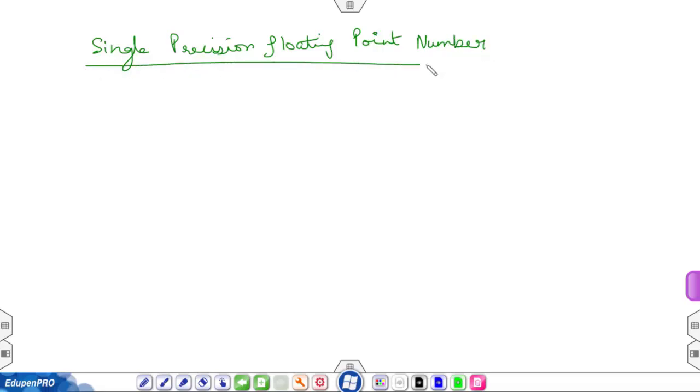Firstly, we will do the single precision floating point number. We will take one example to show how to convert a decimal number into a single precision floating point number. In step 1, we have to convert the given decimal number into a binary number. A decimal number is a number having base 10.